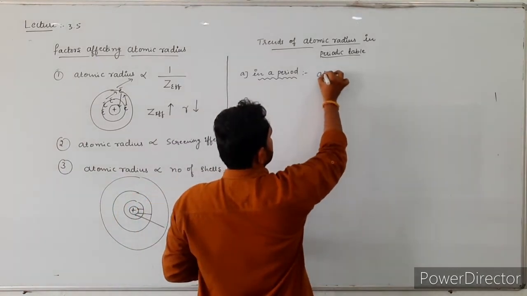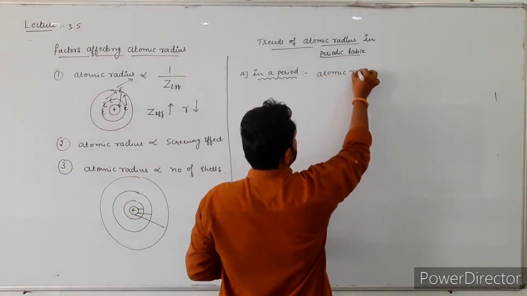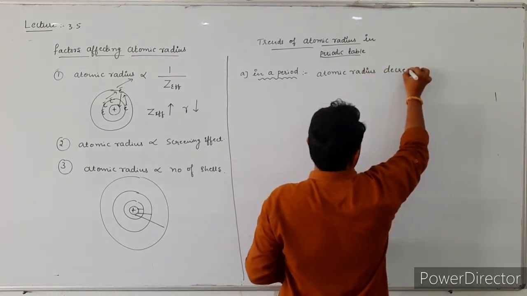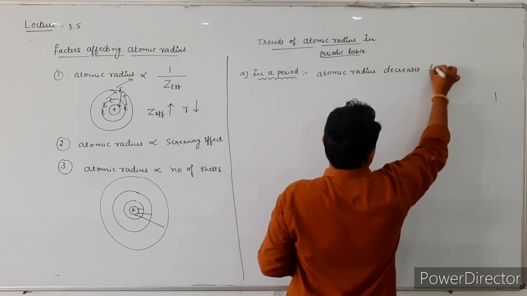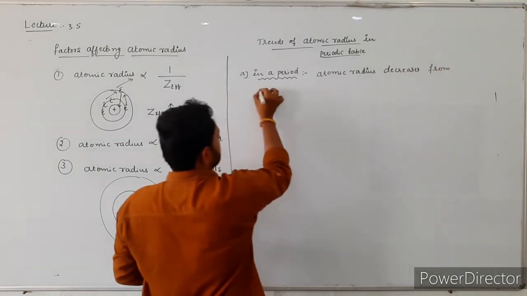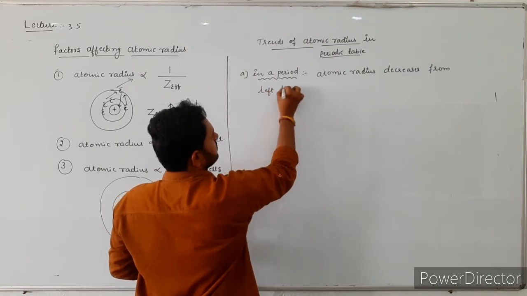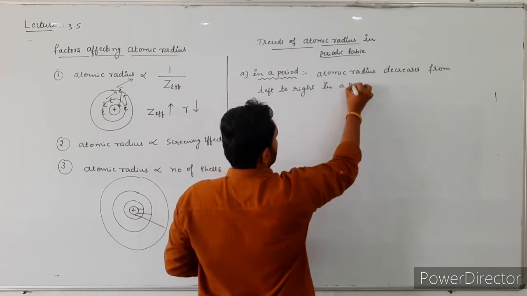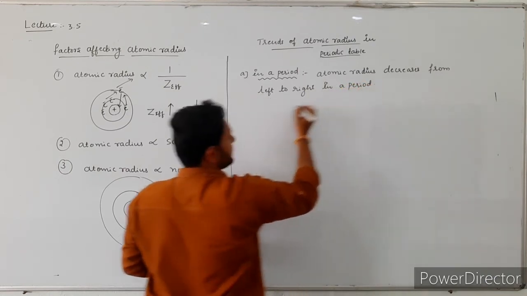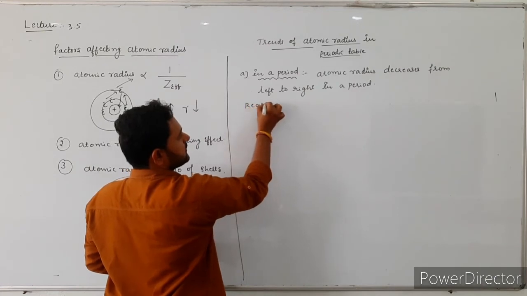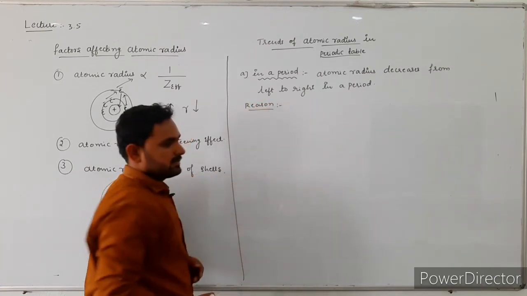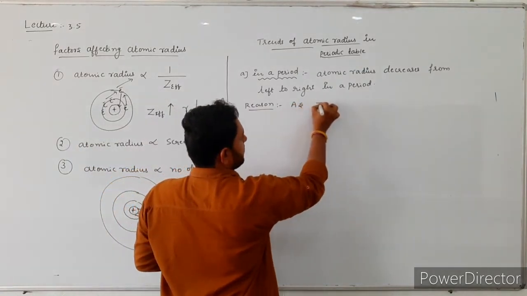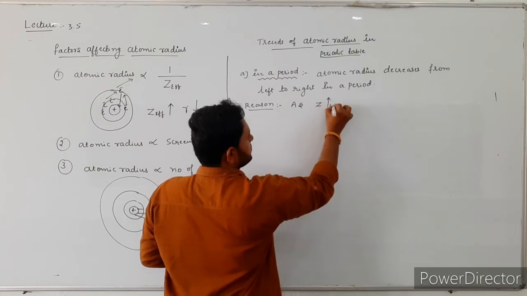Atomic radius decreases from left to right, in a period. Why? What is the reason? The reason is, as atomic number increases in a period, Z means what?